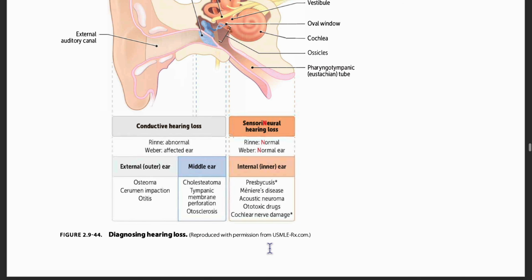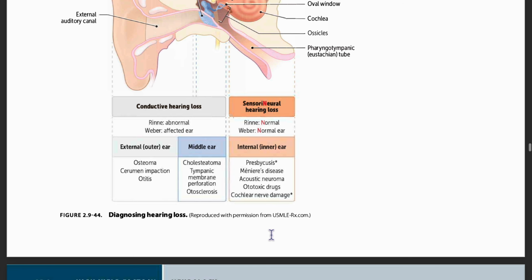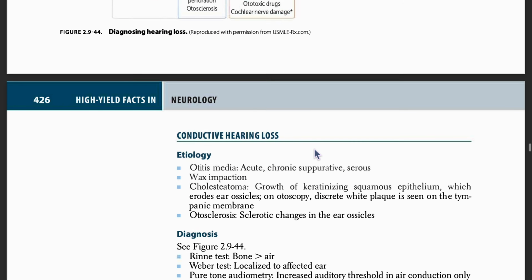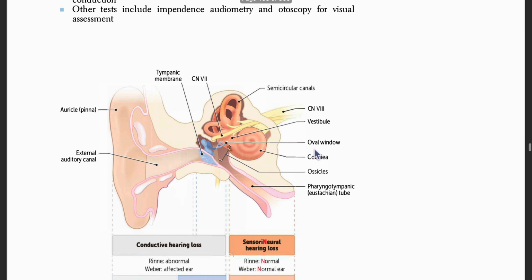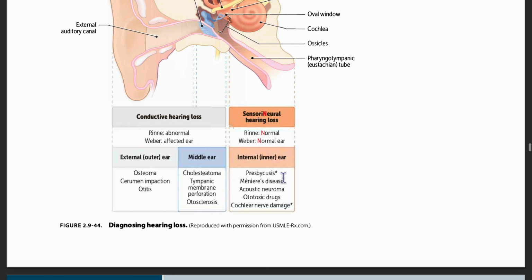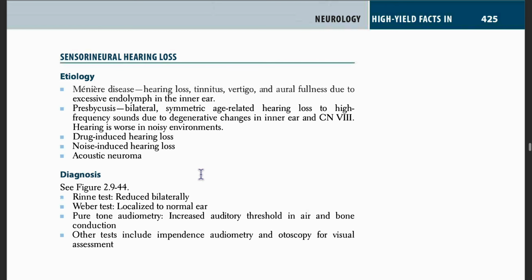Oh, what's the star for? I don't know. Didn't explain the star. Anyways, presbycusis. This is not because of any damage, I think that's what they want to say. It's bilateral symmetric age-related hearing loss to high-frequency sounds due to degenerative changes in the inner ear and the eighth nerve.